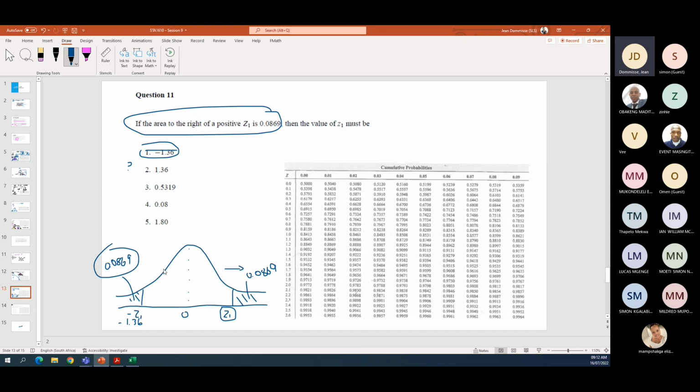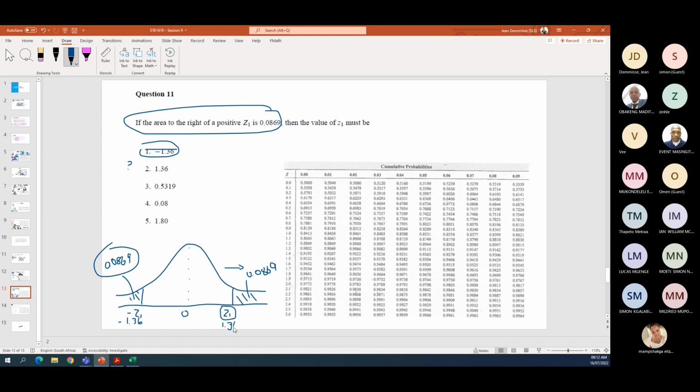We know from the definition that this is symmetrical, so it should be on the other side exactly the same, but the positive of 1.36. Okay, so that's the one way we can do it: go to the negative table, get the value, but then remember it needs to be positive.